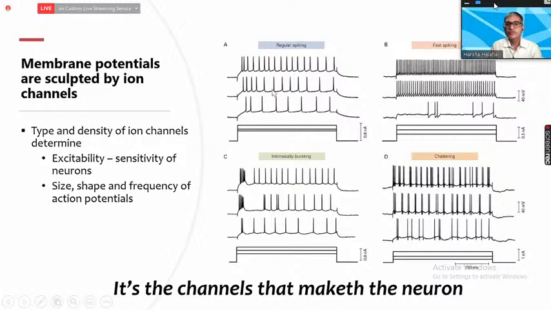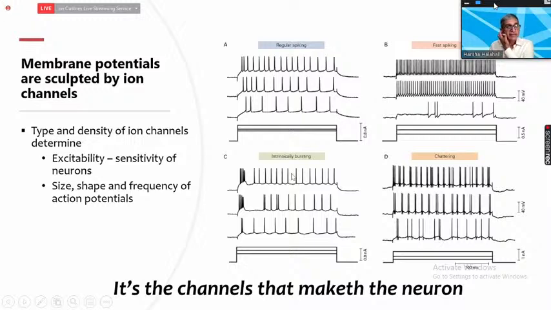We have examples of different types of neurons here. You have a regular spiking neuron here, which regularly fires action potentials. In B, you have a fast spiking neuron. Again, it's regular, but the rate of firing is much higher compared to the regular spiking neuron. And you can also see that depending upon the stimulus intensity, the frequency of firing of action potentials changes.